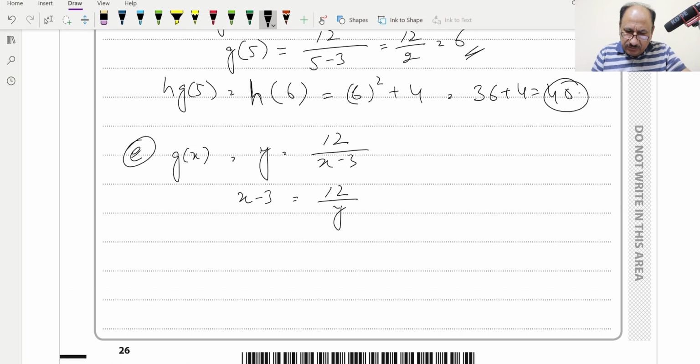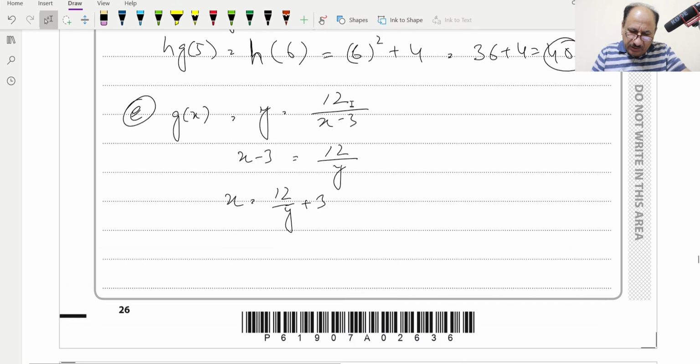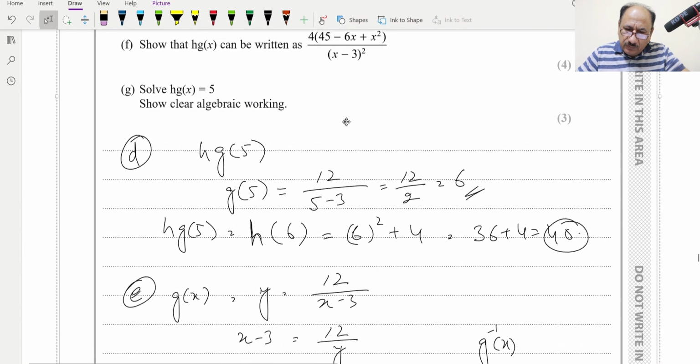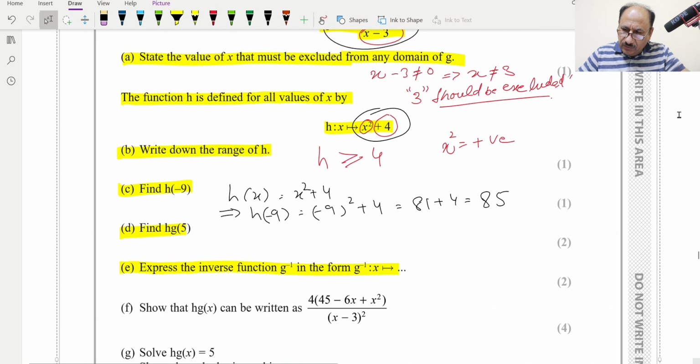Now 3 also we can shift, so x will be equal to 12 over y plus 3. Now we can swap x and y, so y is equal to 12 over x plus 3, or we can take LCM, so this will be 12 plus 3x over x, which is g inverse of x.